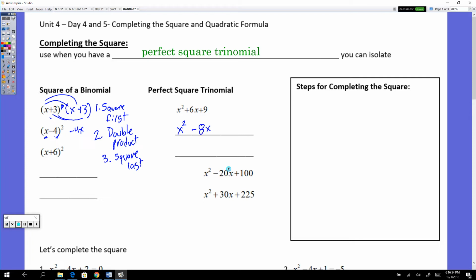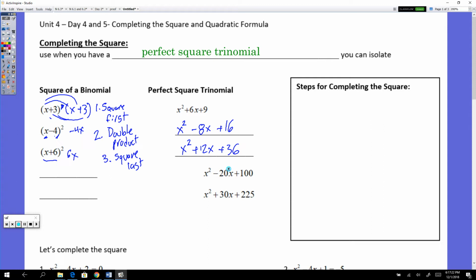And then negative 4, when I square that, that's going to give me a positive 16. That last term should always be a positive number because we're squaring something. So for this next one, if I square the first, double the product, square the last, I get x squared. The product is 6x. 6x times 2 is positive 12x. Square the last thing, that gives me 36.